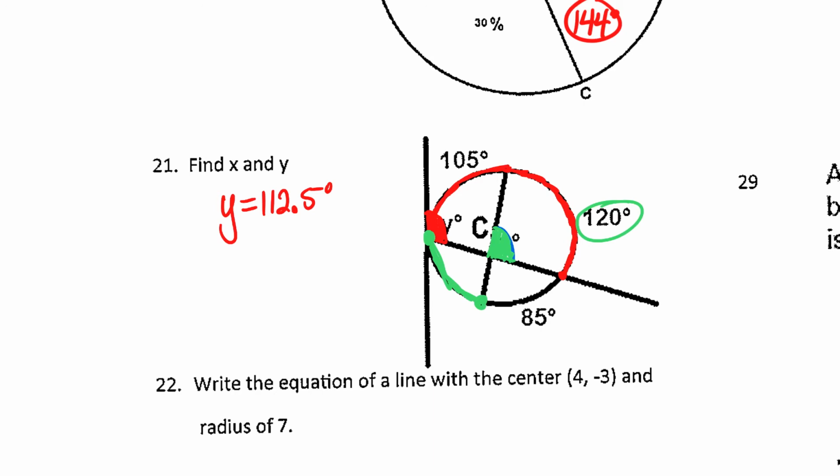So 360 minus 105 minus 120 minus 85, and whatever's left is the measurement of that arc, because it has to add up to 360. So 105, 120, 85, and what add up to 360? 50. So now to find that angle where the x is, I'm going to do 50 plus 120 divided by 2. 85. And that gives you 85.